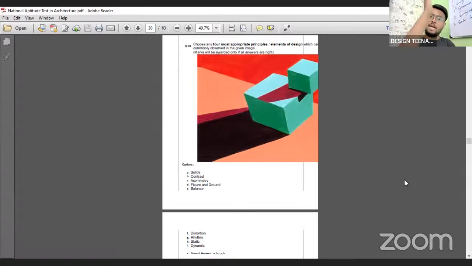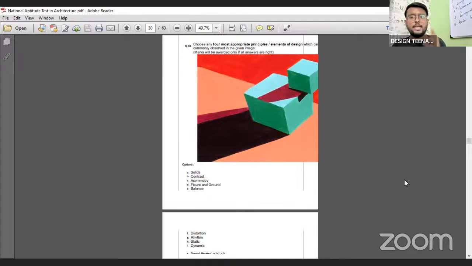Over here, the diagonal line is less dominant, and the vertical line is less dominant in comparison with the horizontal line. Hence, you will take that axis and compare. Over here, the vertical axis is dominant. We took it and tried to understand which side of the composition has more weight. On the right side of the composition, the figure is shifted and it gives a look and feel like it's heavier. Hence, it is asymmetrical balance.